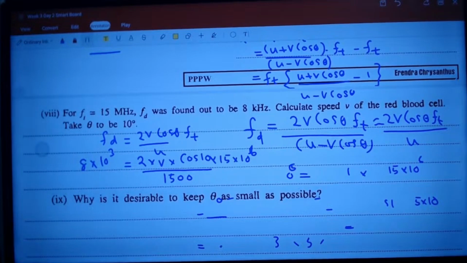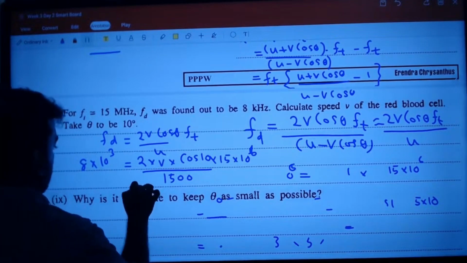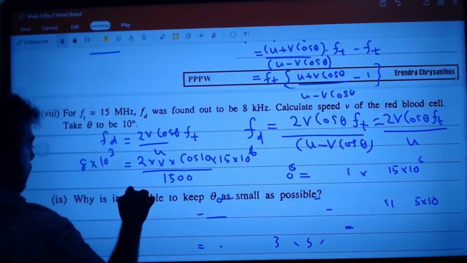Check and see, the answer is 0.4. Around 0.4 you will get.